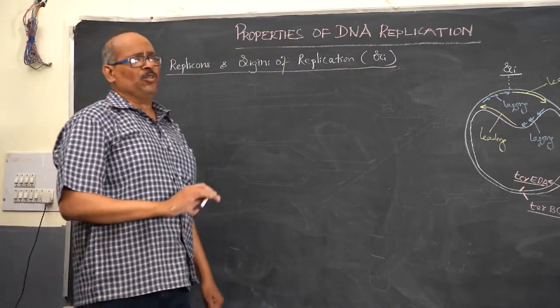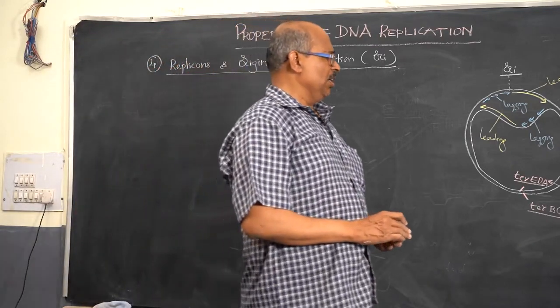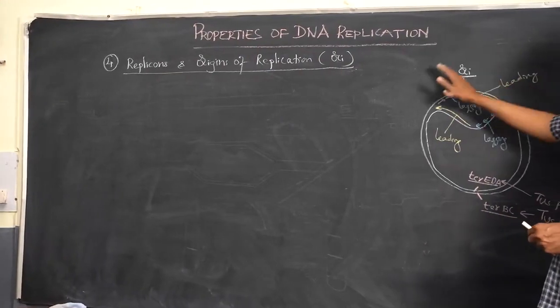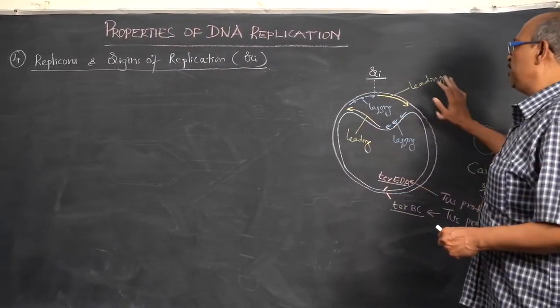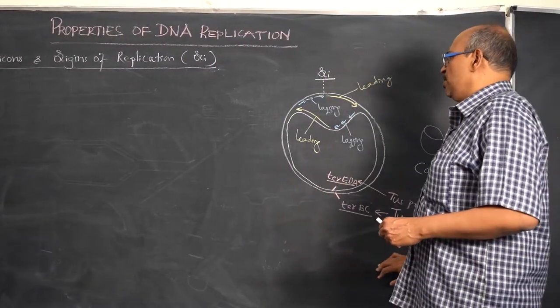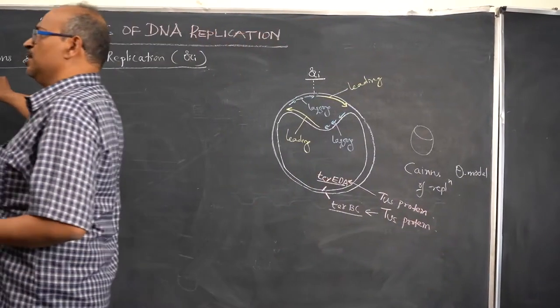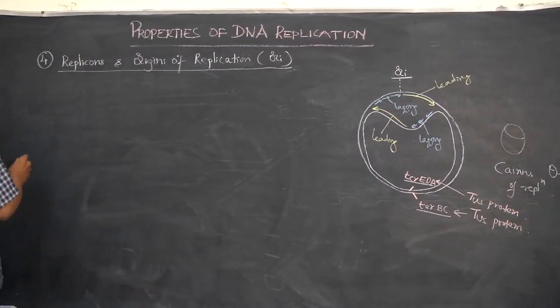So whatever the amount of DNA that you have, if that entire amount of DNA, for example in this case, undergoes replication as a single unit, then we call that a replicon.